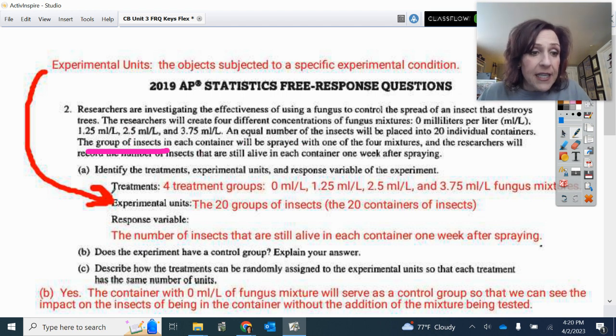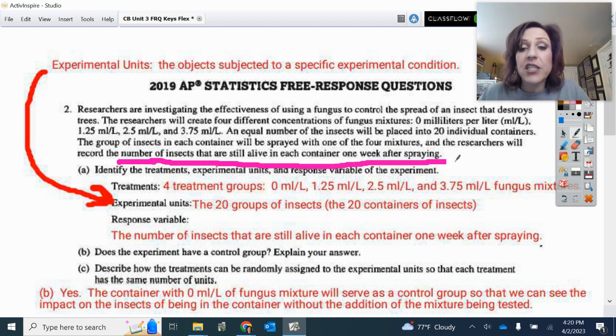So there again is why the experimental units are the groups of insects. As far as the response variable goes, the researchers will record the response, which is the number of insects that are still alive in each container 1 week after spraying.